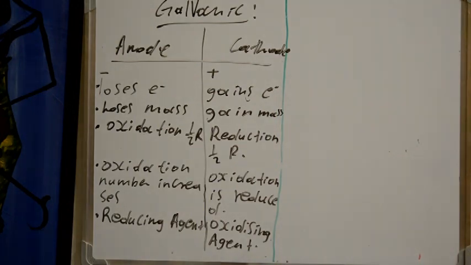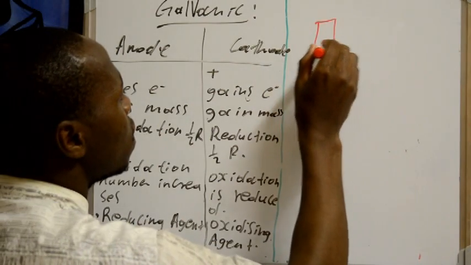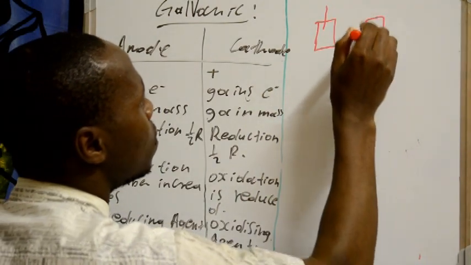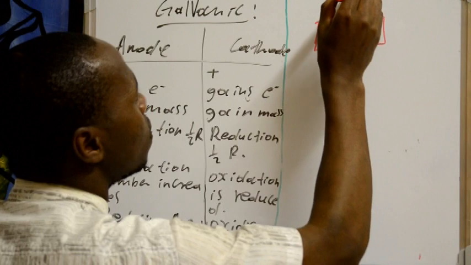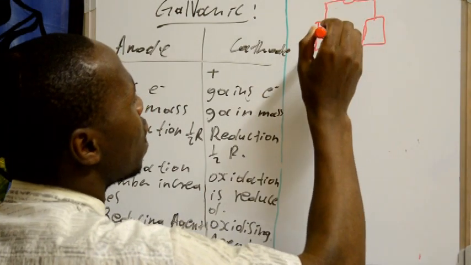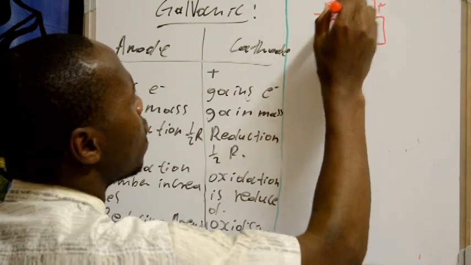So in a galvanic cell, I've got two half cells here. There are electrodes joined with a voltmeter. This reaction is spontaneous. This is negative, this is positive, and there is my salt bridge.